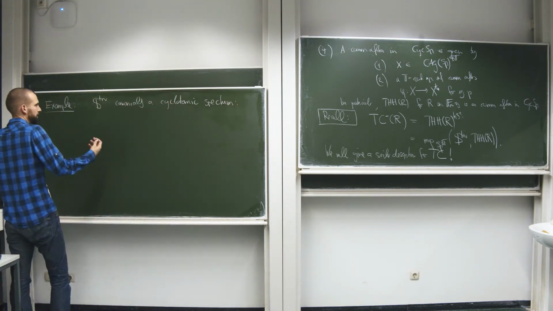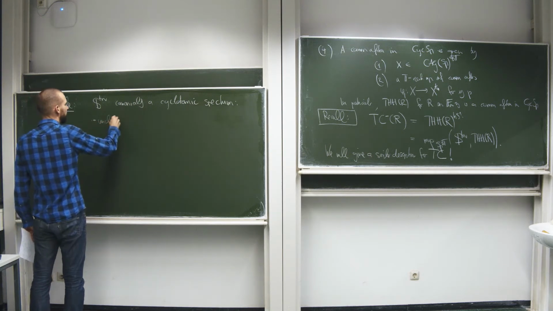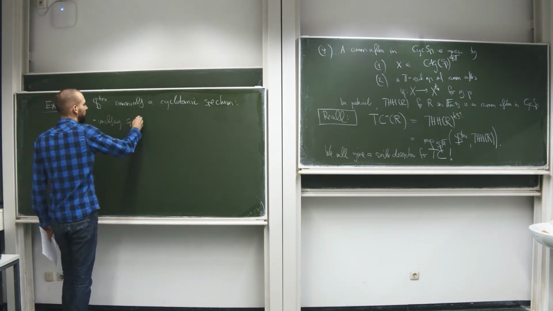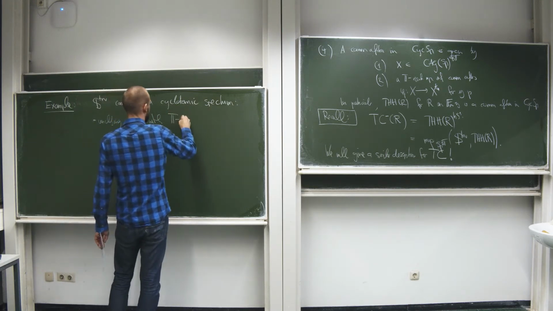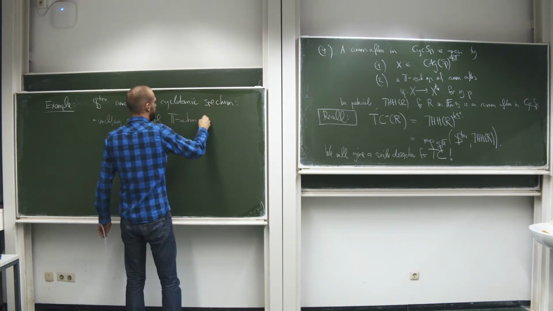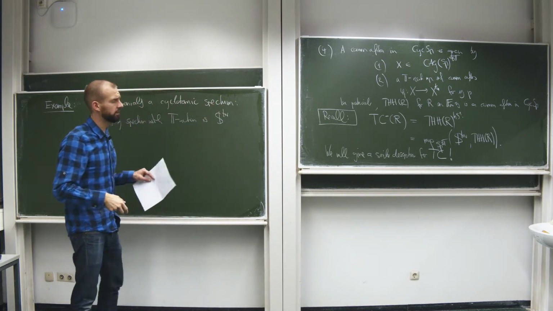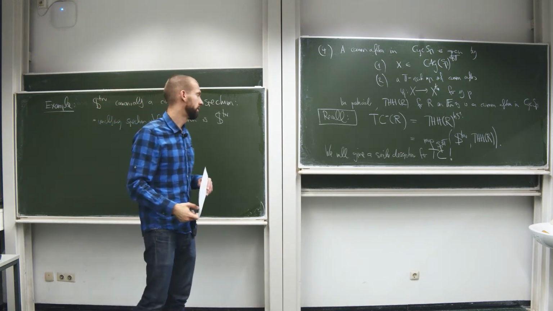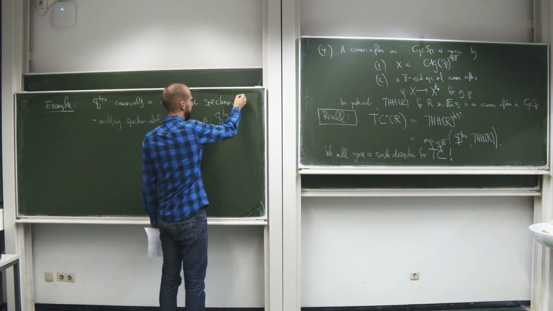What is it? The underlying spectrum with T action is S triv. So it's just the sphere with the trivial T action. And this will in fact be a cyclotomic spectrum, in fact E-infinity.